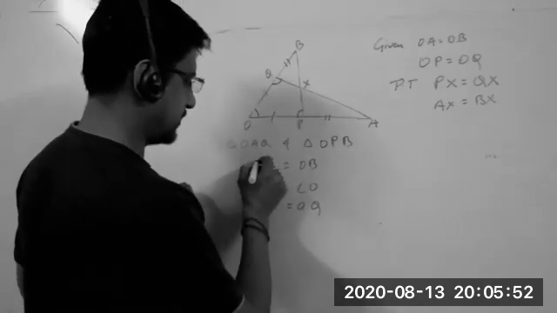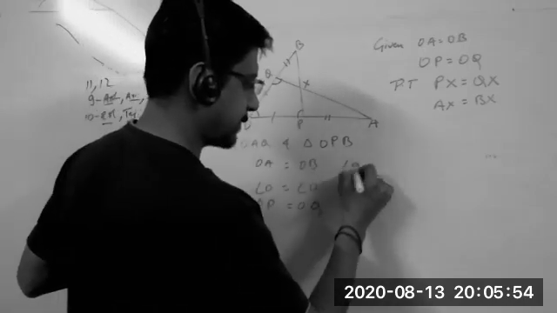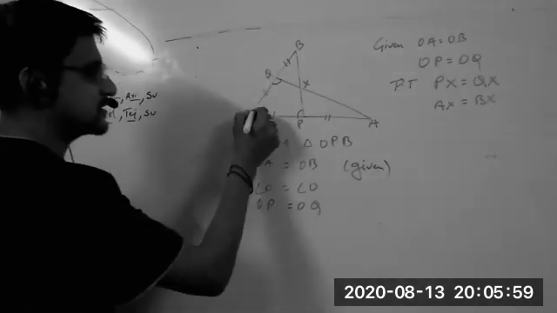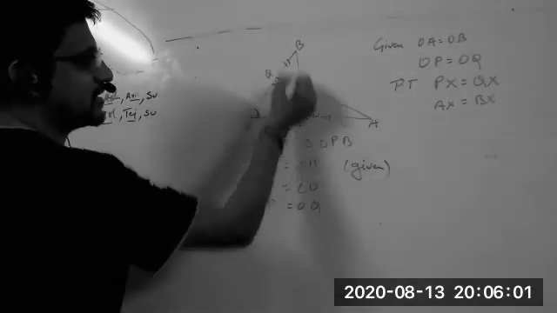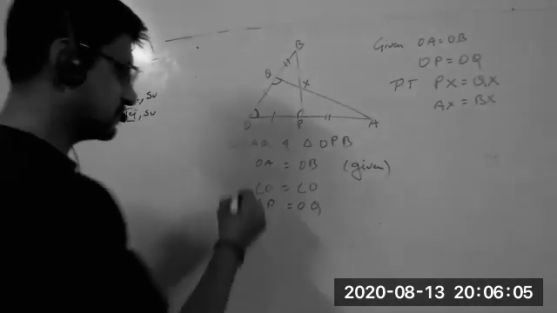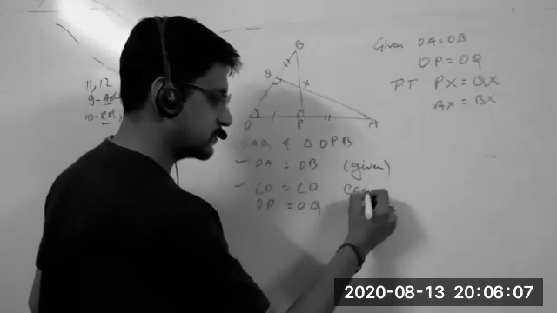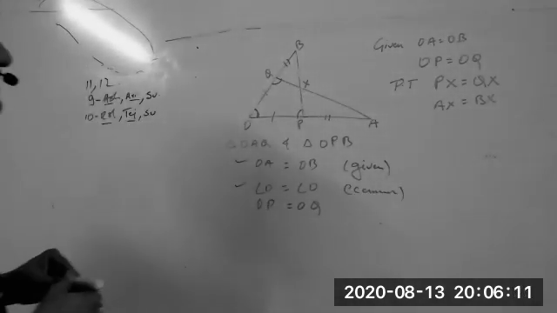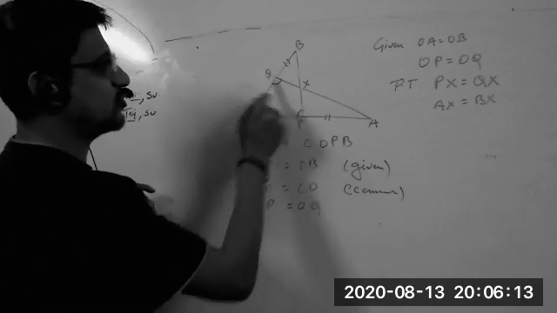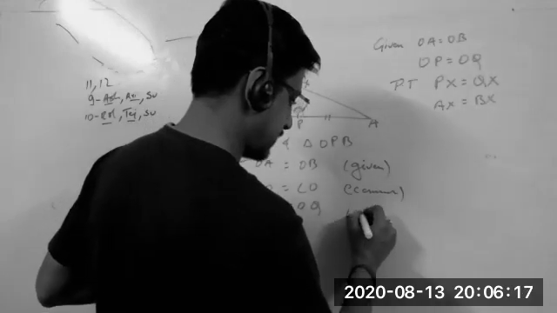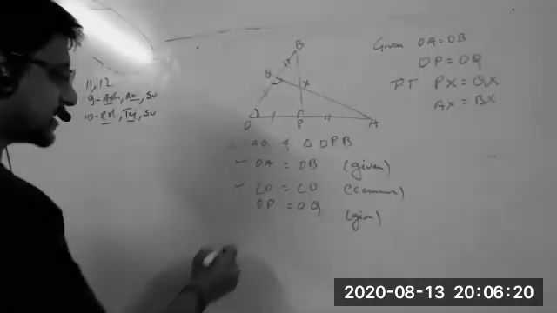Angle O is common in both this triangle and this triangle. And now the third thing is given, OP is equal to OQ. So these two triangles are congruent.